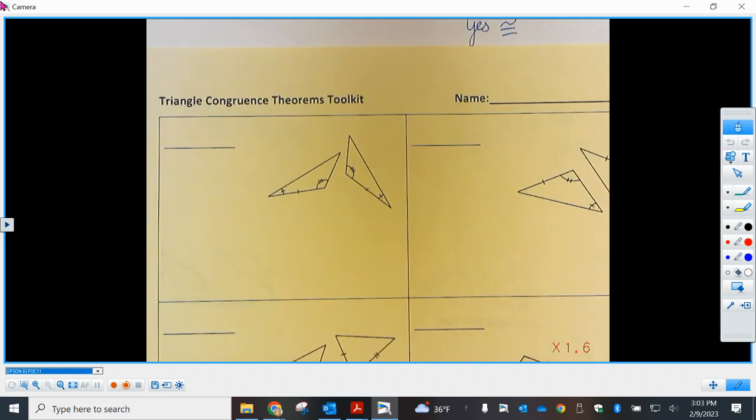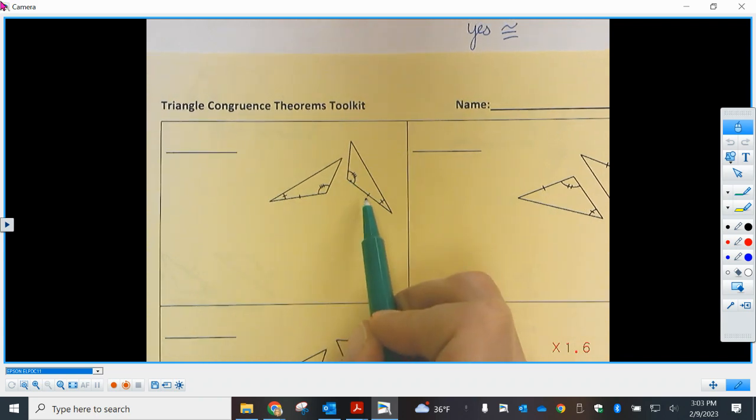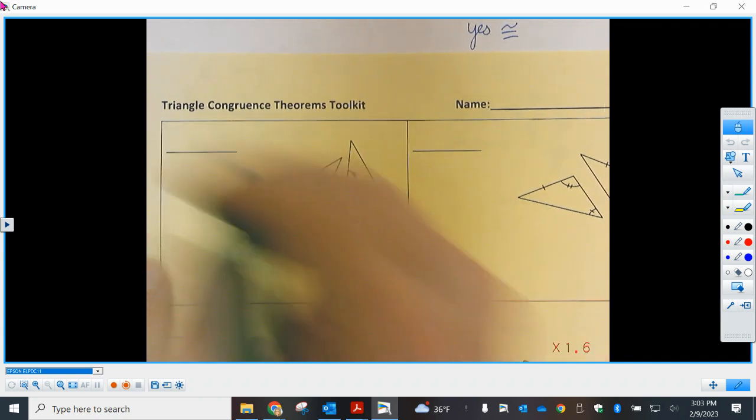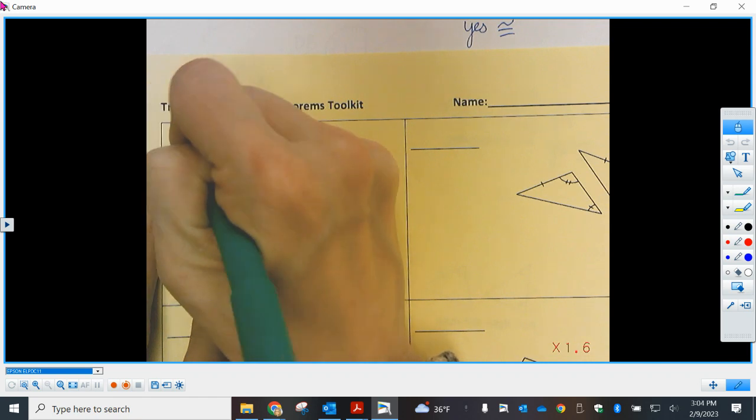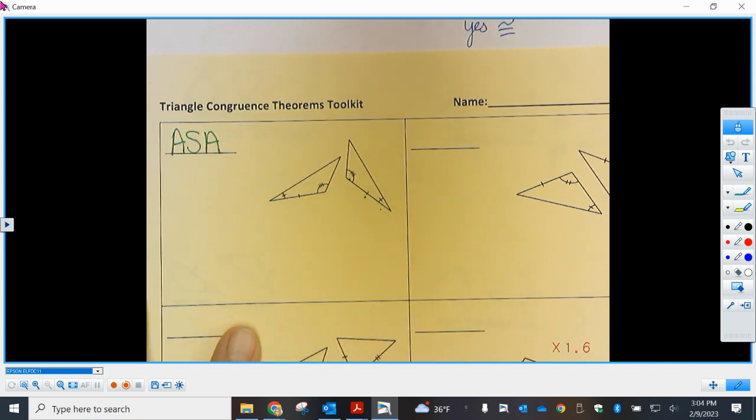All right, so looking at this, what's given to us in this information? We have angle, side, angle.